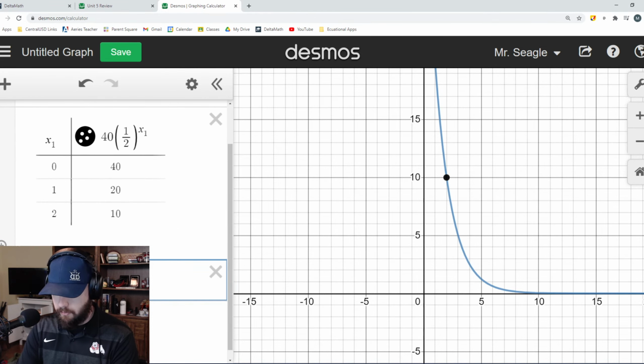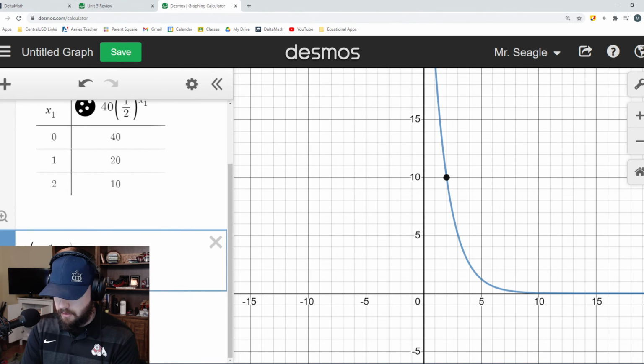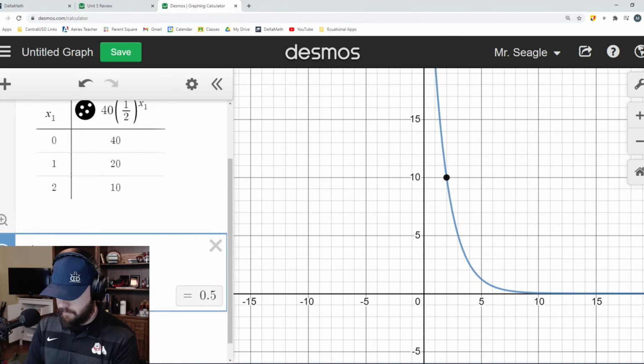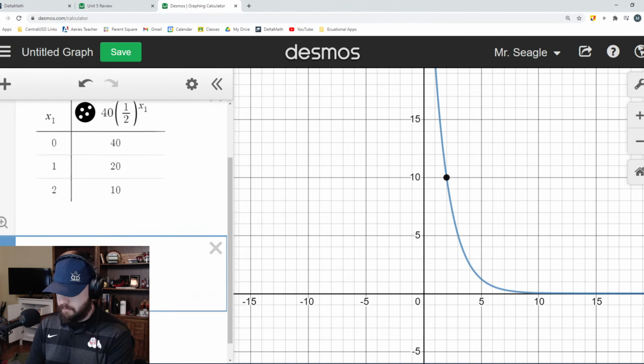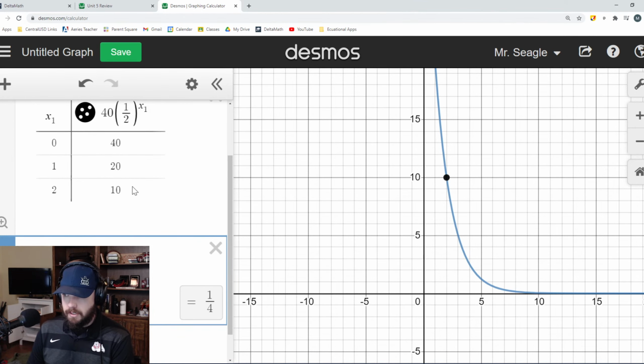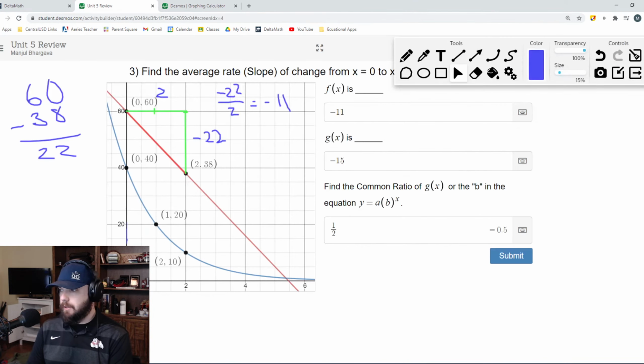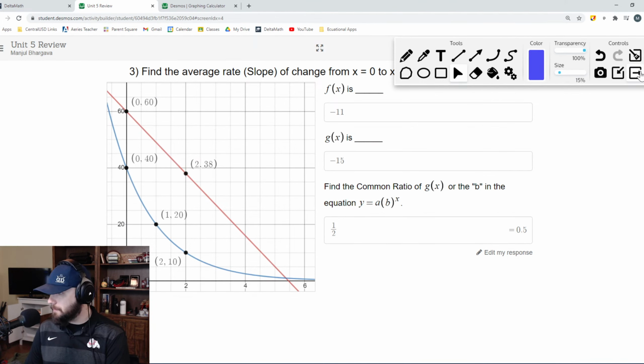If you don't believe me, 1/2 squared is 1/4. 1/4 of 40 is 10. So that's how we got that 1/2. Like I said, I'm just quickly running through these, so if you have any questions on the homework, you can send me an email.